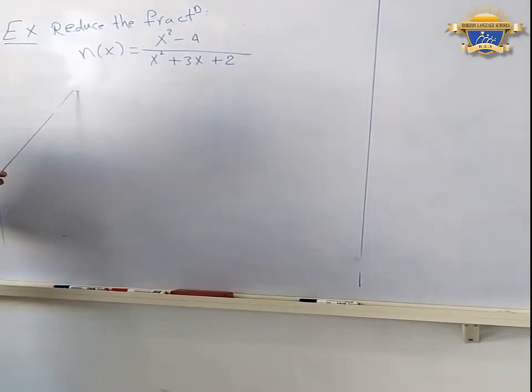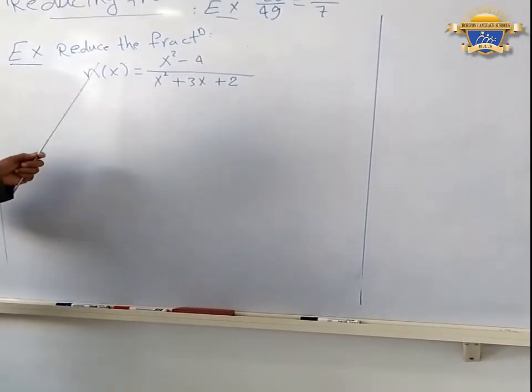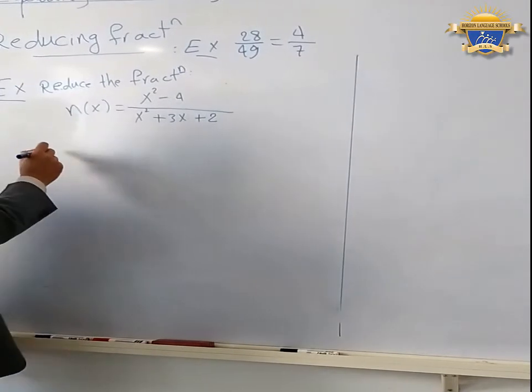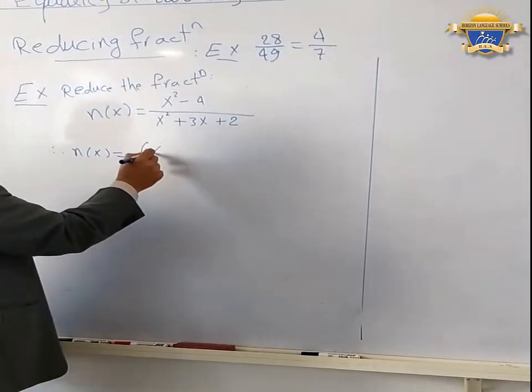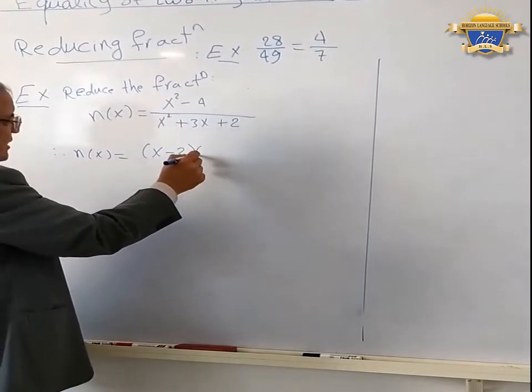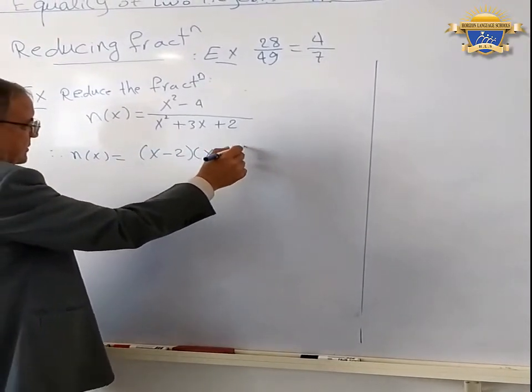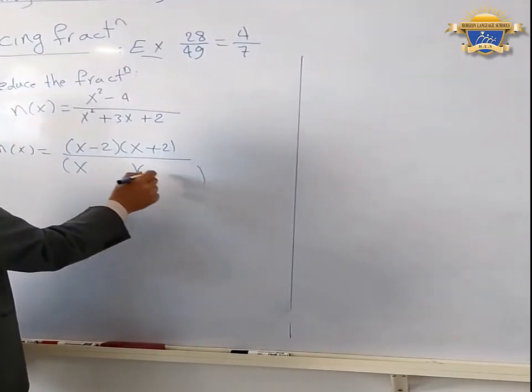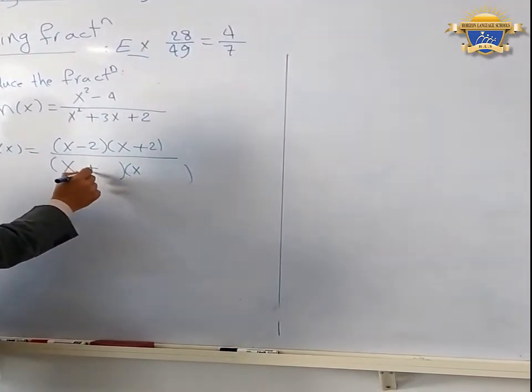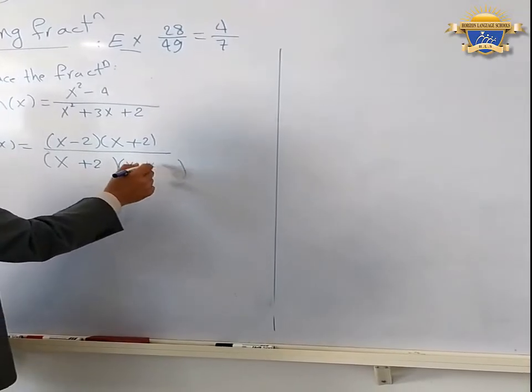At first, we factorize each of the numerator and denominator. Then n of x equals x minus 2 times x plus 2 over x plus 2 times x plus 1.